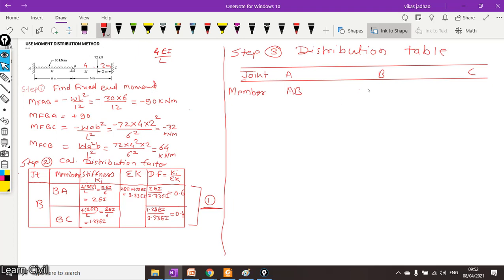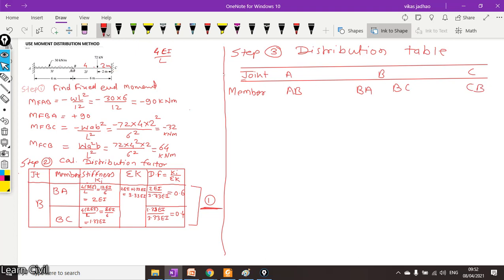At joint B we will have two members, BA and BC. At joint C you can see only one member is there, that is CB.